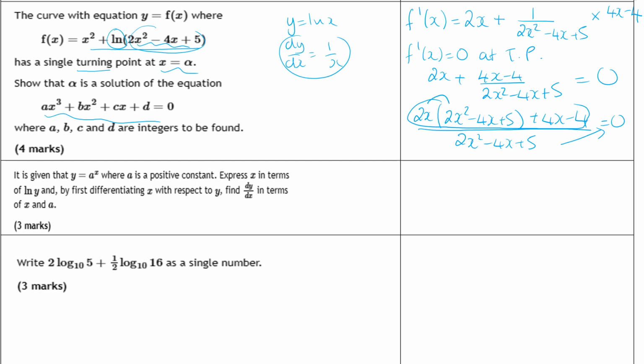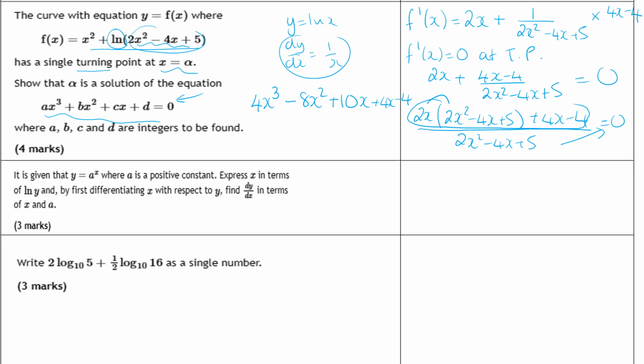The only way that that can equal to 0 is if this numerator is equal to 0. So multiplying that out, we're going to get 4x cubed minus 8x squared plus 10x plus 4x minus 4. So this is our cubic that needs to be written to find our a, b, c and d's.